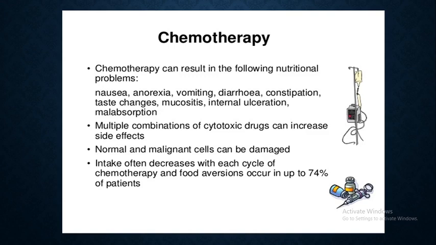Sometimes we use 2 or 3 drugs in combination for chemotherapy. In such cases, that increases the risk of side effects. Normal and malignant cells can be damaged in chemotherapy. Intake often decreases with each cycle of chemotherapy, and food aversion occurs in up to 74%, approximately 75%, of patients.